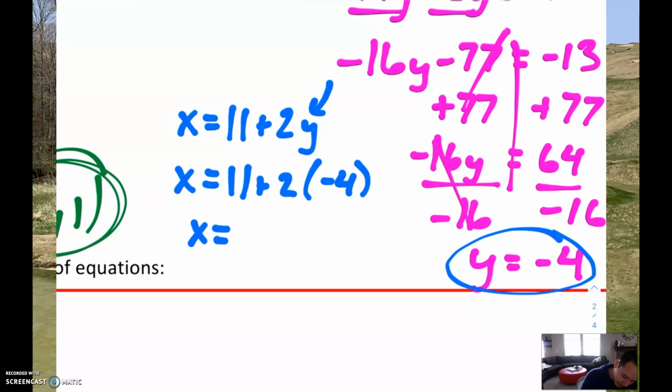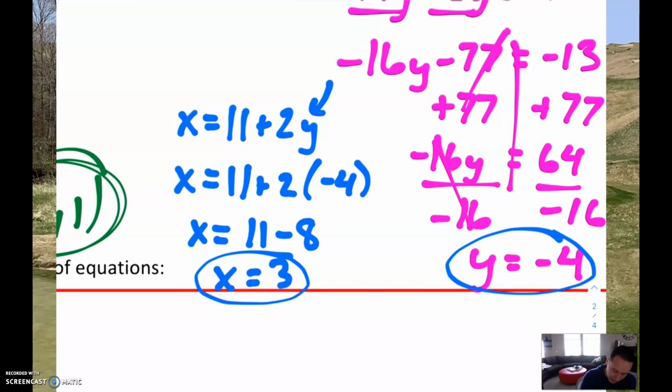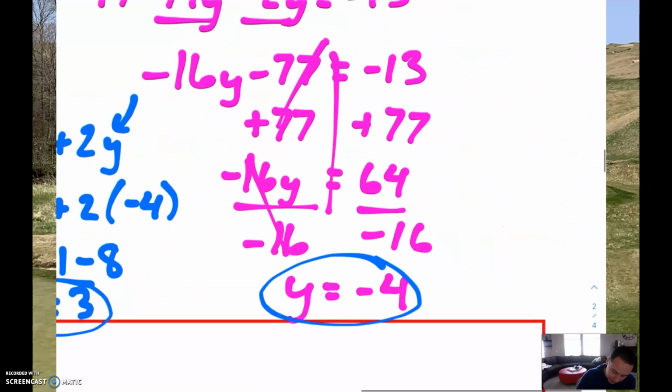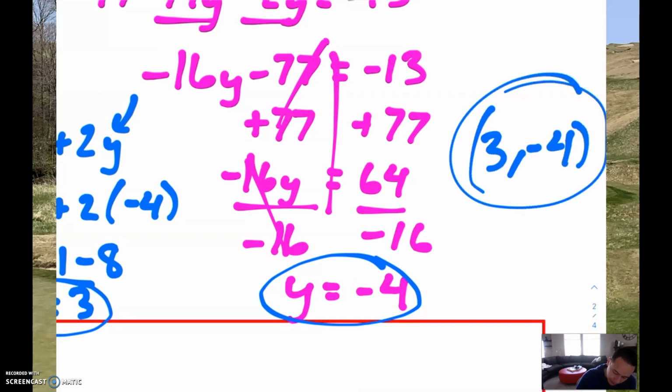And if you do that, we get 11, a positive 2 times negative 4 is a negative 8. So 11 minus 8, which equals 3. So we found x is equal to 3. We knew that y was negative 4. Just write it as a coordinate, 3, negative 4. And there is your solution.